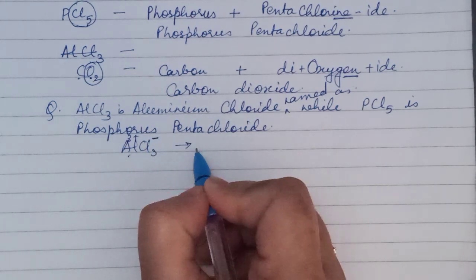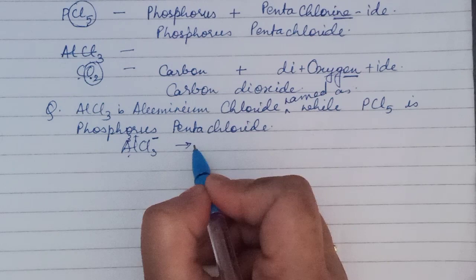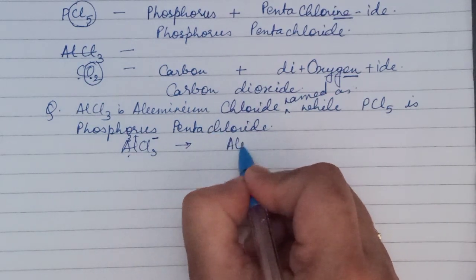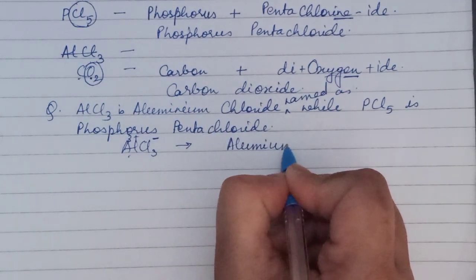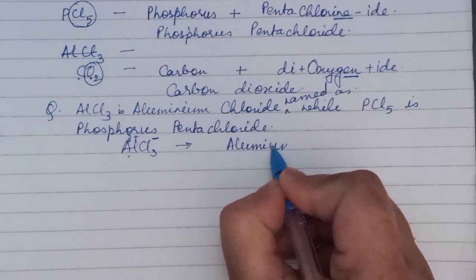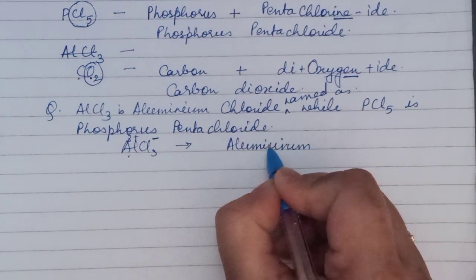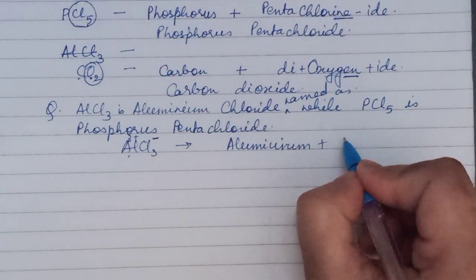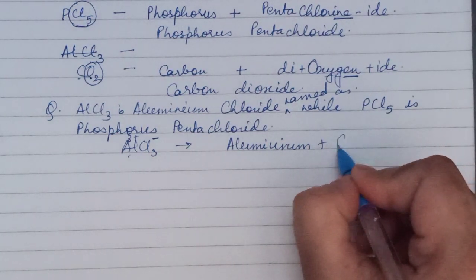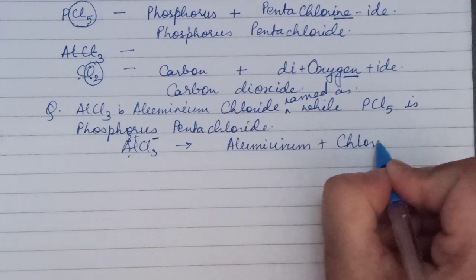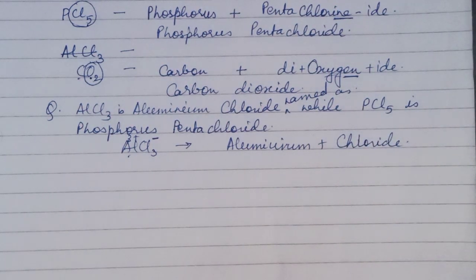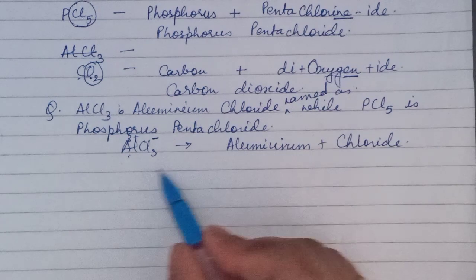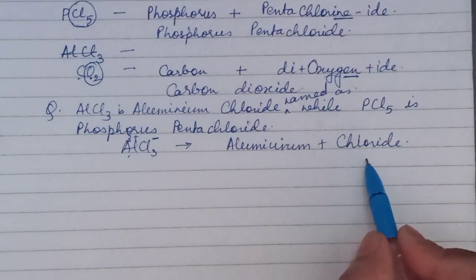So as in rule number 1, the metal will come first and then the non-metal, which will end with IDE. So here the name will be aluminium chloride.